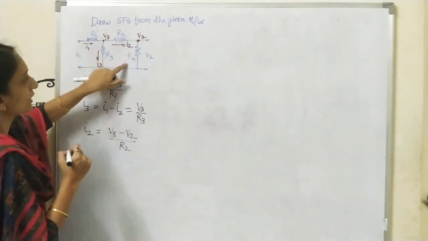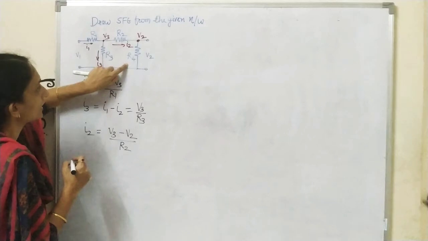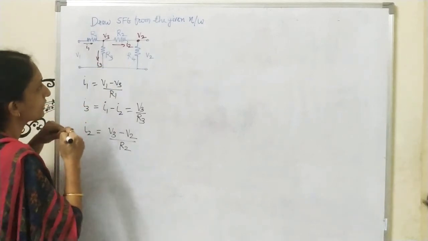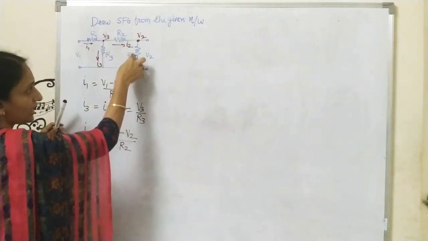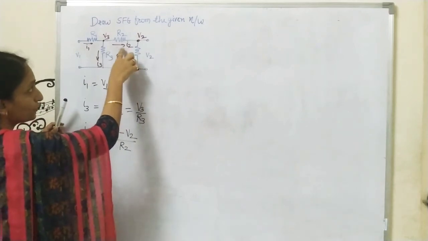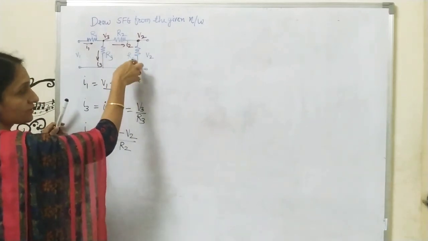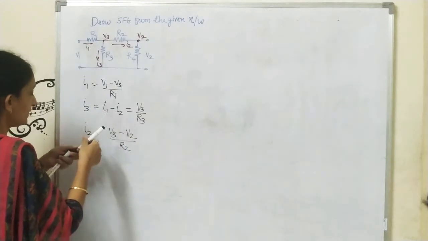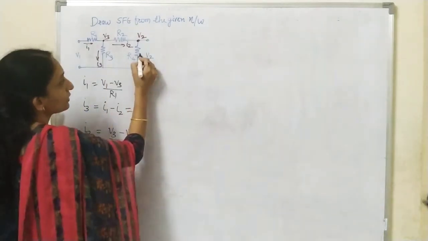Now next, look here. I have not considered the current here. You can take it as I4 also, but as I know these two are series elements, I can write it like this, or you can consider one more current here.